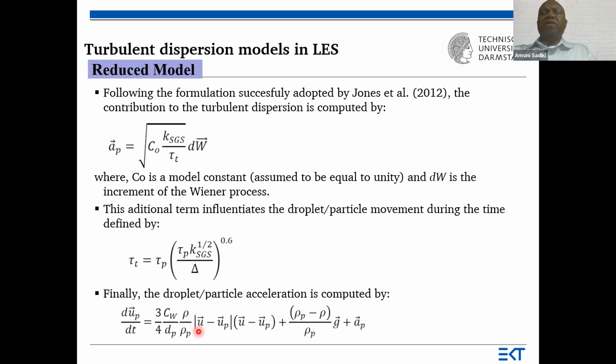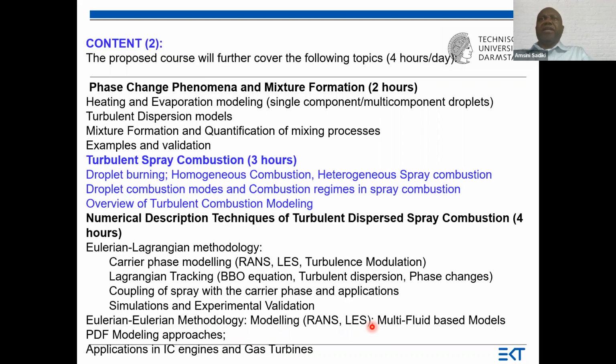Here we have the filtered part, and we have the fluctuation part. So the part we add here is implemented to account directly for the dispersion in LES. So that is the first part.